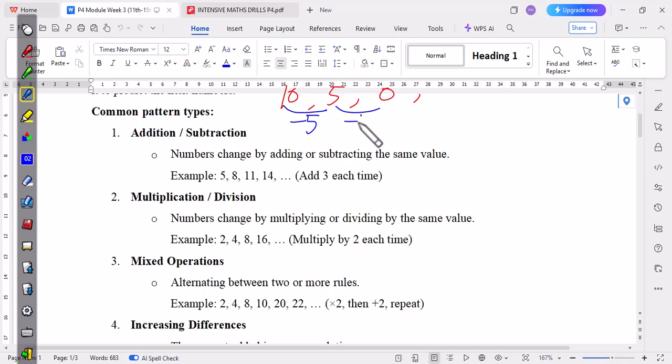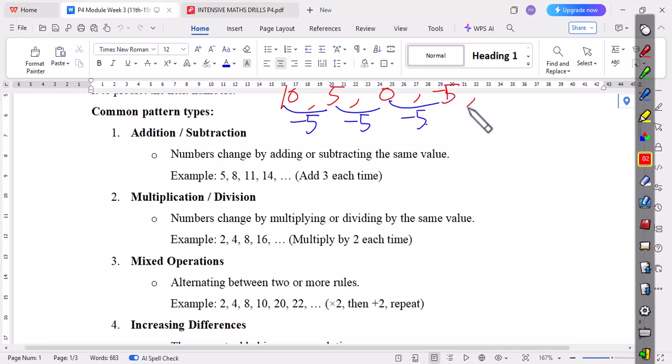So we have here negative 5 and this one negative 5. So the next number must be negative 5, and the next number must be negative 10, because the difference must be negative 5 as well. Okay, so this is the addition or subtraction pattern.